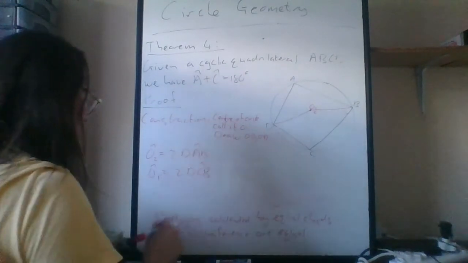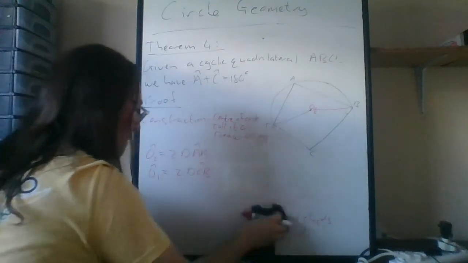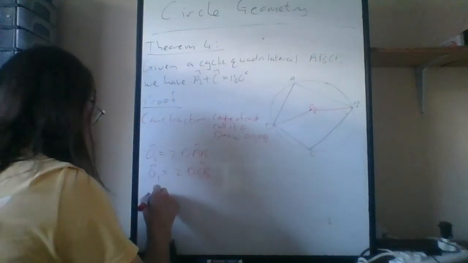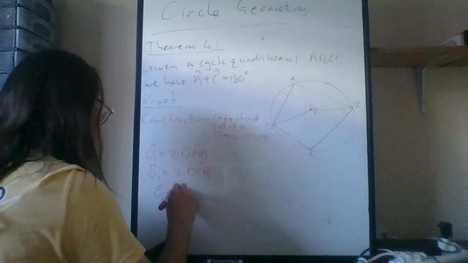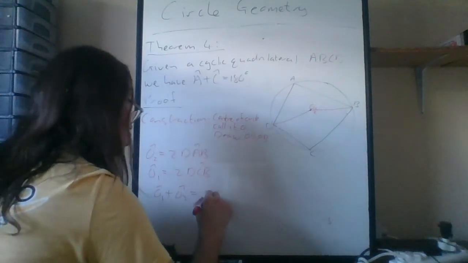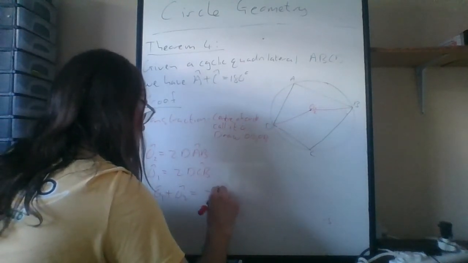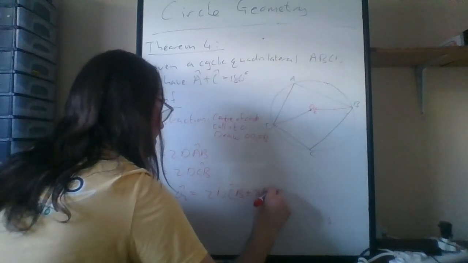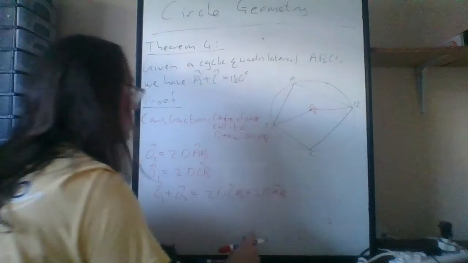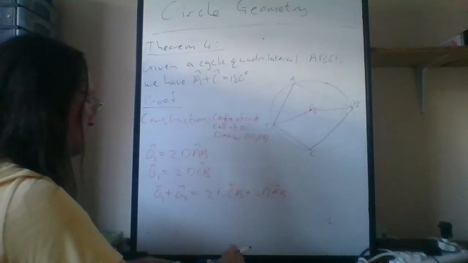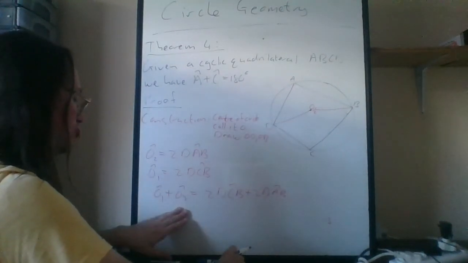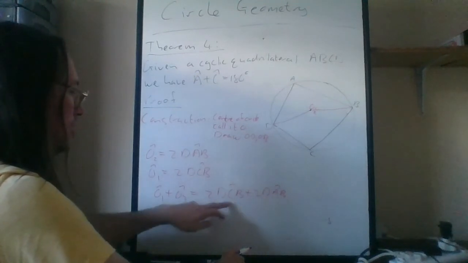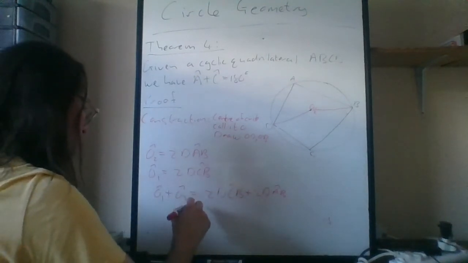If we then sum these up, O1 plus O2 is equal to twice DCB plus twice DAB. But O1 plus O2 is 360 degrees.